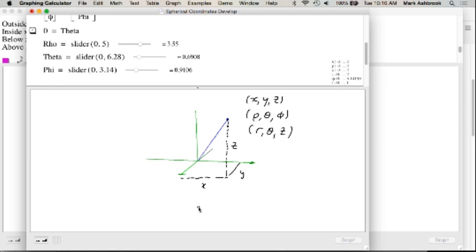Okay, how would you draw r in this picture? R, not rho, but r. So everyone think to yourself, how would you show what R is? From where would I draw?